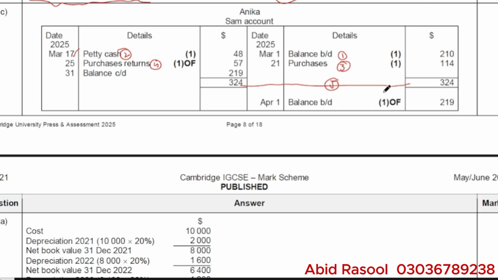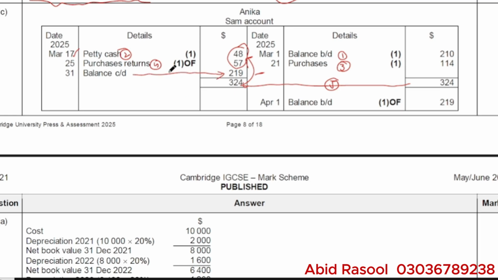Then from this 324, these two amounts will be subtracted, 324 minus 48 minus 57, because we want the balancing figure. We balance off Sam's account and we get 219. This will be called balance carried down, balance CD.